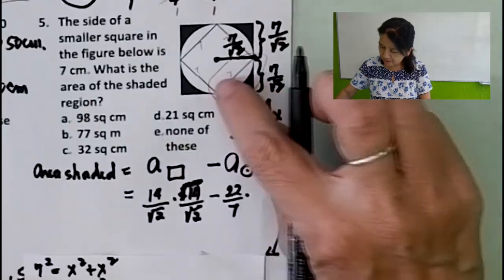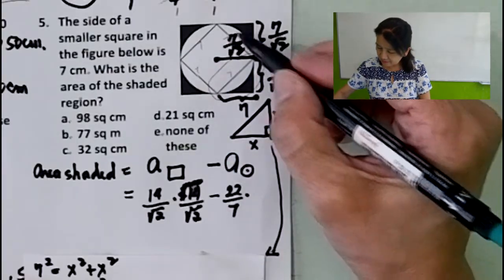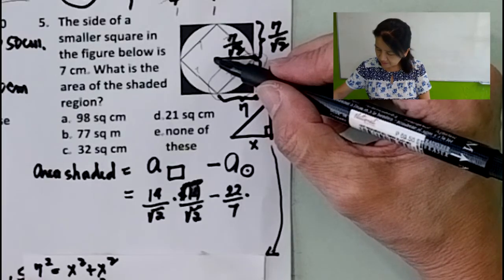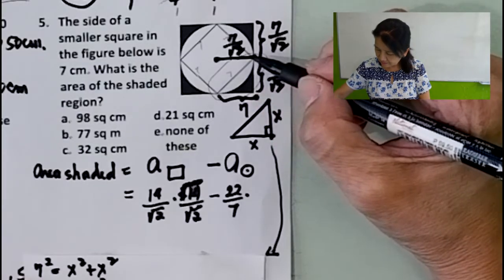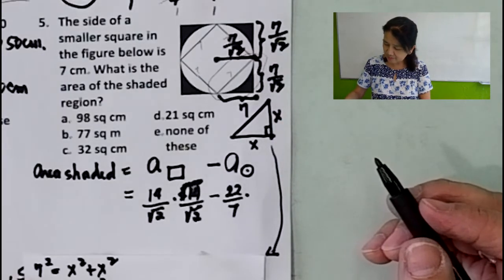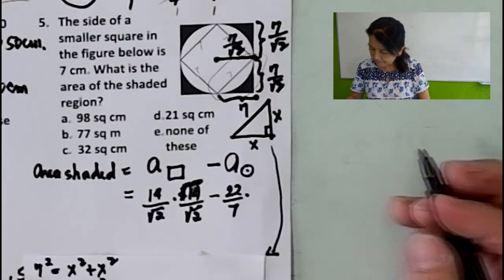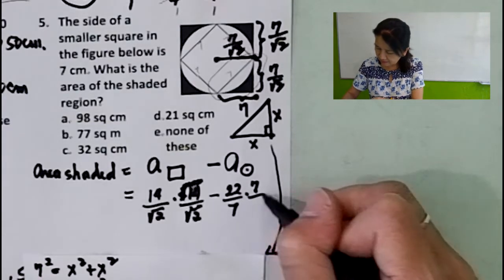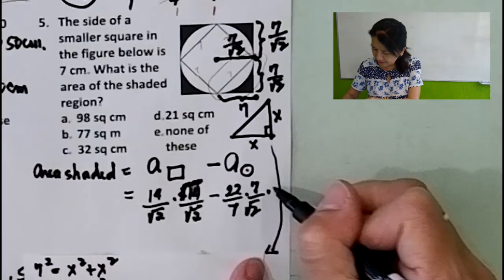So that becomes your r, right? If this is your circle, the r is from the center to the end of the circle. So that is 7 over square root of 2. Pi r squared. So that's r times r.